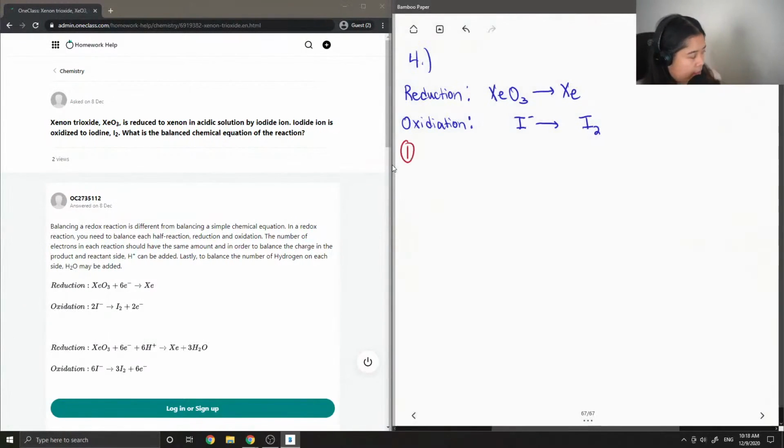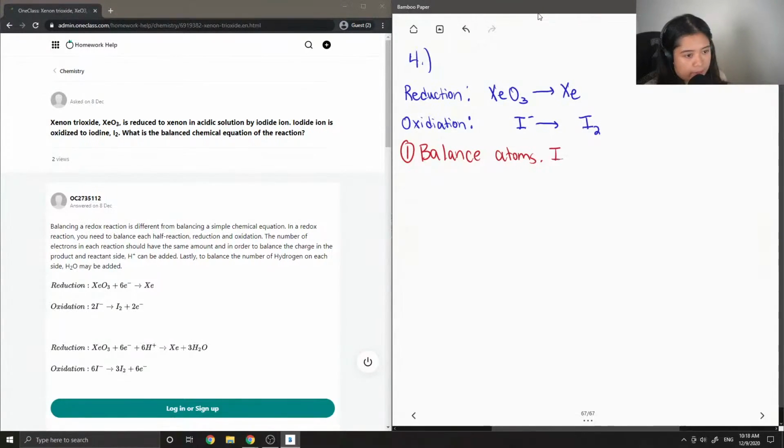And the first step is to make sure all the atoms are balanced. So step 1, balance atoms. So starting with the first reduction reaction, you'll notice that there are 3 oxygens in our reactant side, and there are none in the product side.